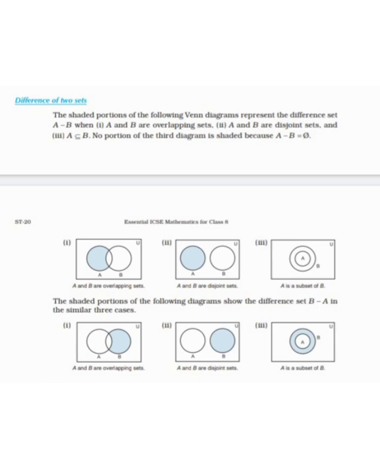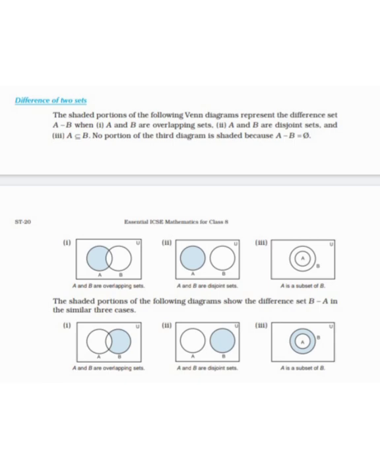Next one is the difference of two sets. The shaded portion of the following Venn diagrams represents the difference A minus B. The first way is A and B are overlapping sets. Difference means B is subtracted from A, and the first set is A, so the remaining part of A is the answer, and the same part is shaded.